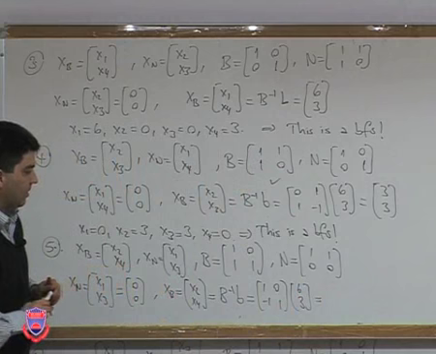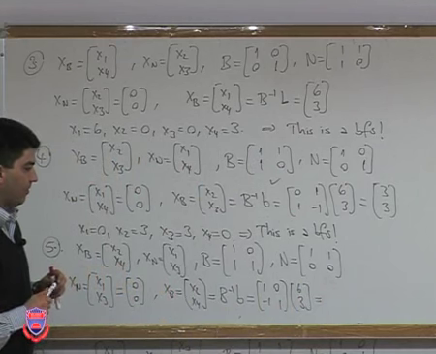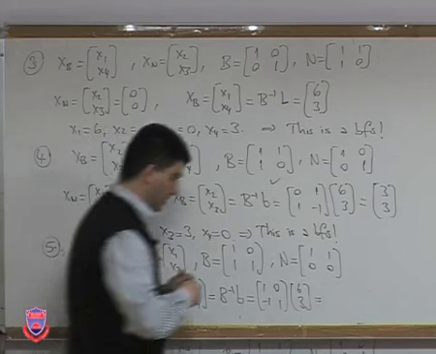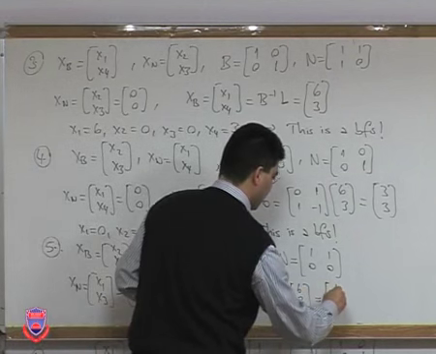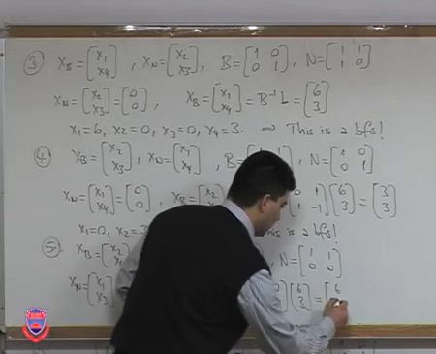So what do we get? Six and minus 3, basically, right? So we get 6 and minus 3.